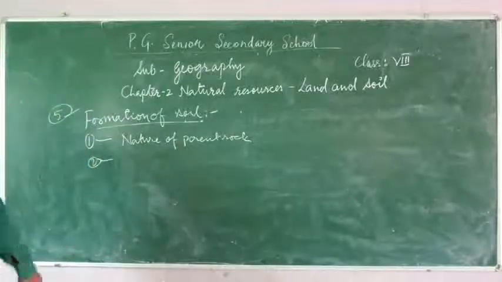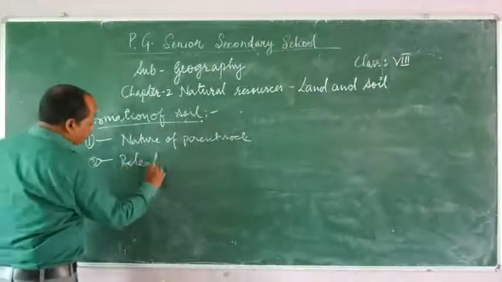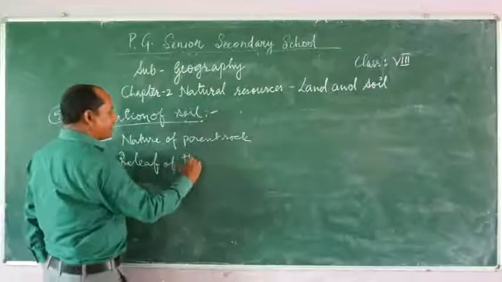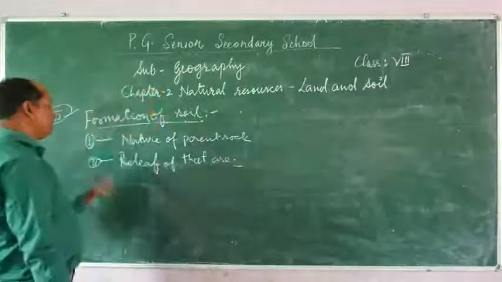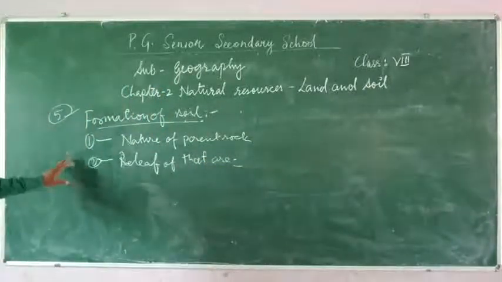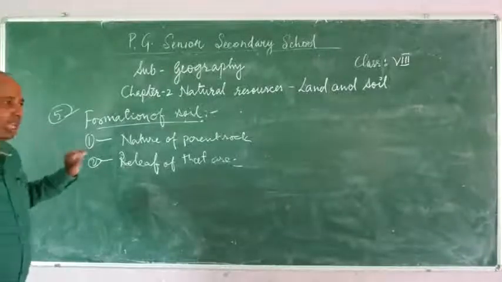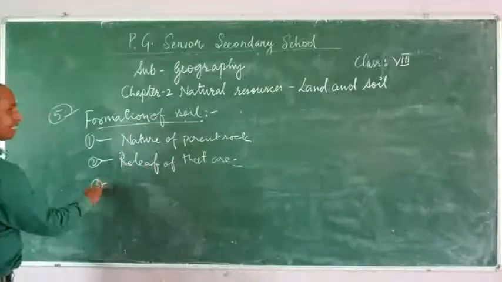The second one is the relief of that area. You know well, relief feature means what type of physical structure of the land is there: plain, plateau, mountain, etc. So this is also a very important factor.